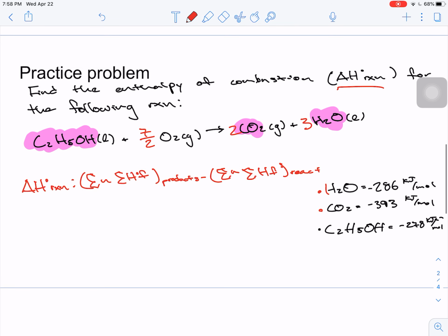Okay. And what I mean by that is you just need to multiply each product or each reactant by the coefficient that is in front of it in your overall reaction up here.